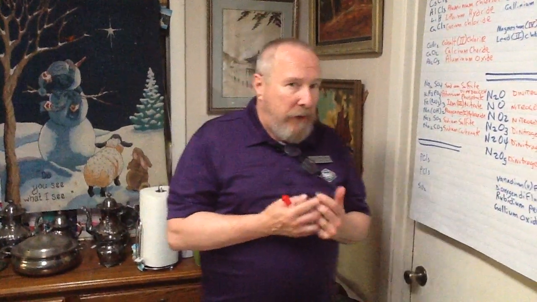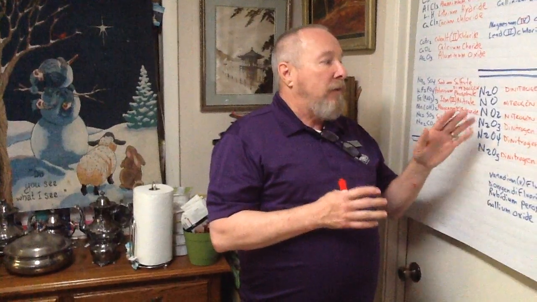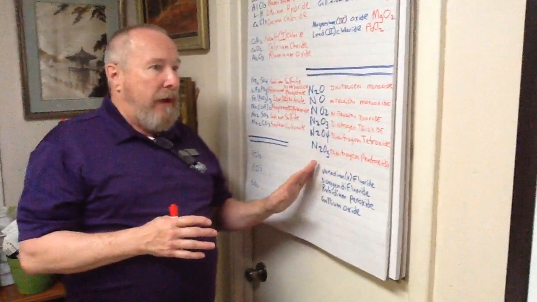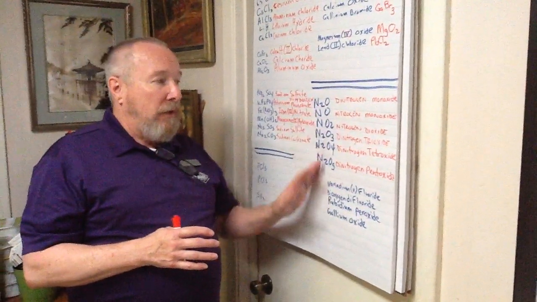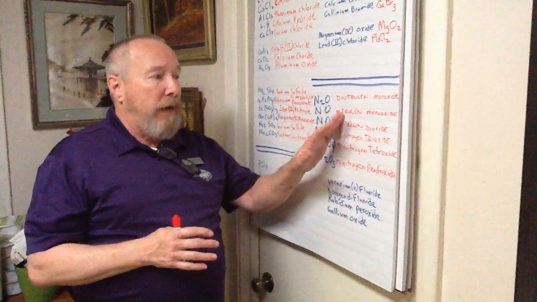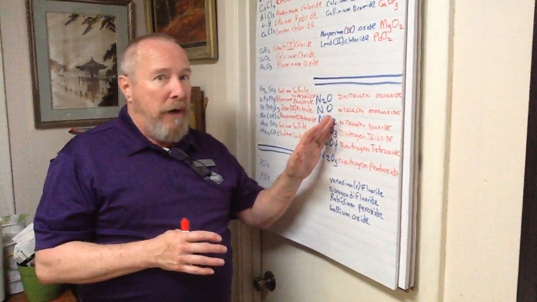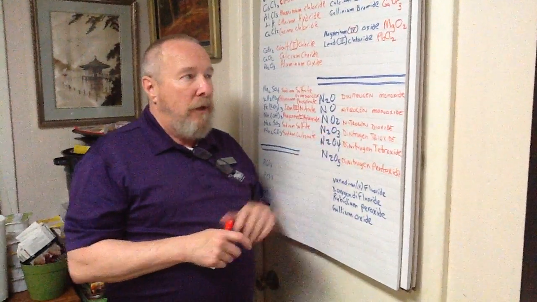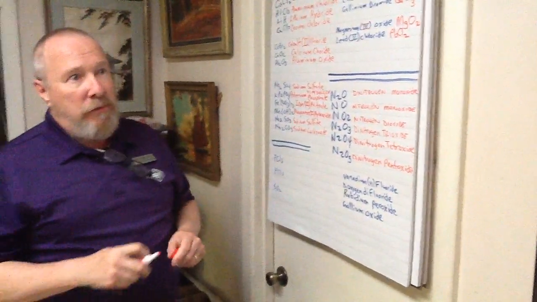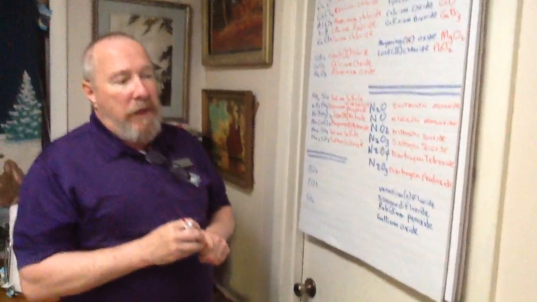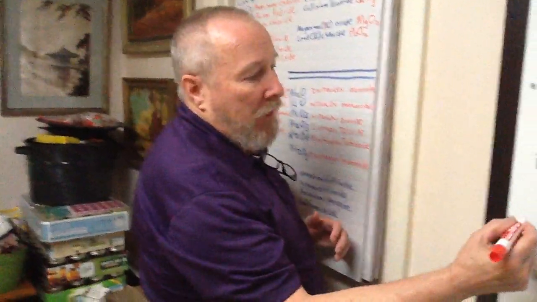The only time you don't have to use a prefix is if the first atom is a single atom. You don't have to say mononitrogen monoxide. The mono is understood. So, this is ridiculous, but you may have heard this. They play this game in high school chemistry.